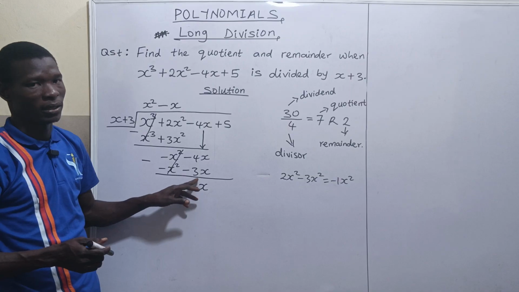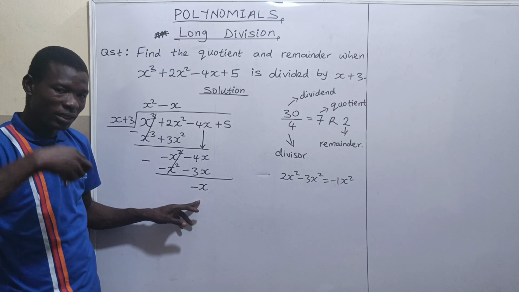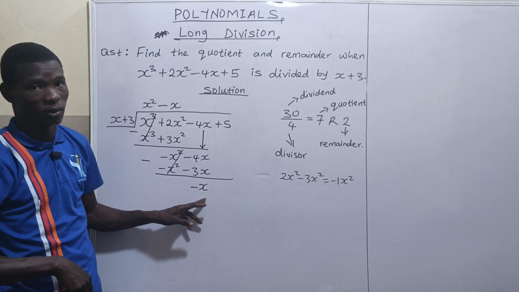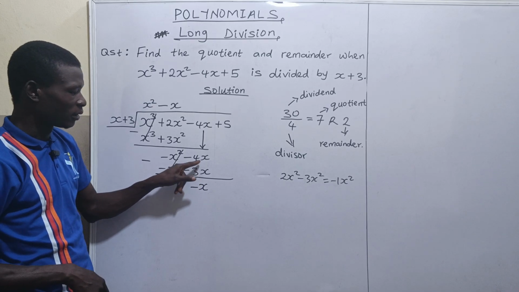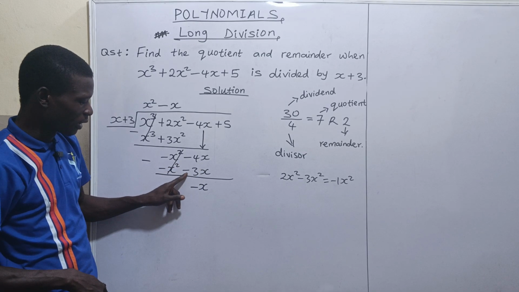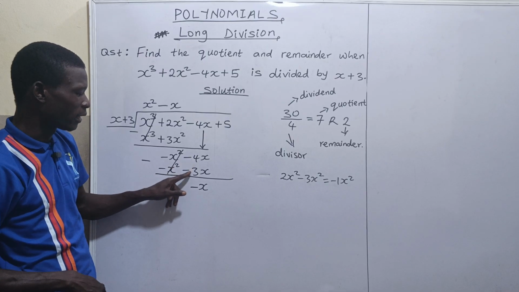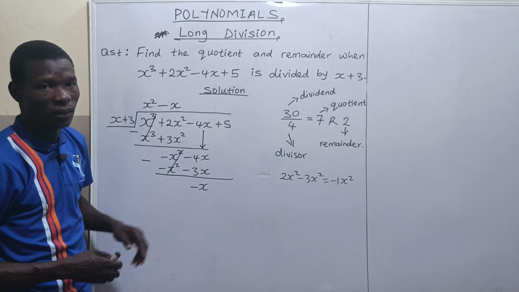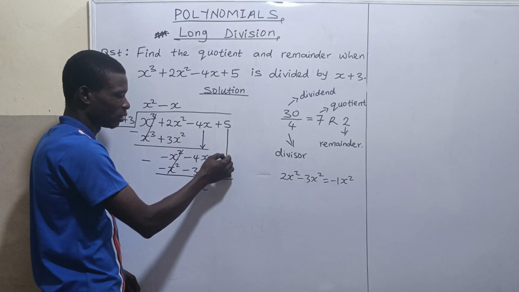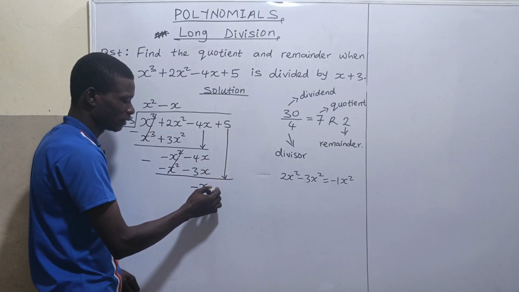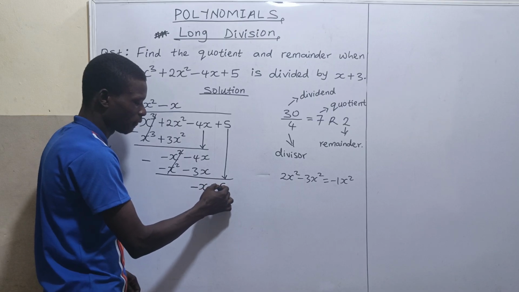So that's why we're having minus x here, which is minus 1x. Once we do our subtraction, we use our arrow to bring down the next term, which is plus 5.